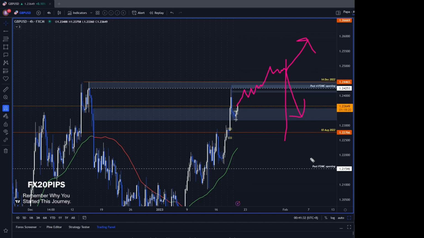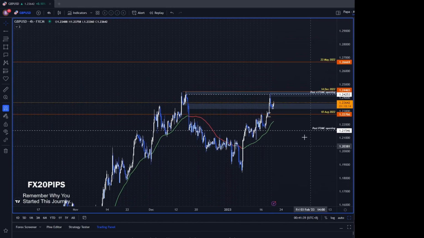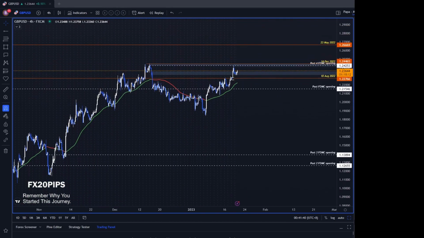But based on what I have seen previously, from all the rate increases, the first, second, third, fourth, the GBP has still been going up, it's still rising.